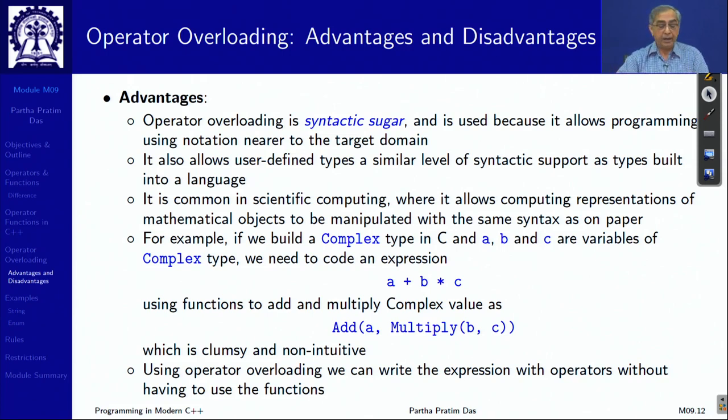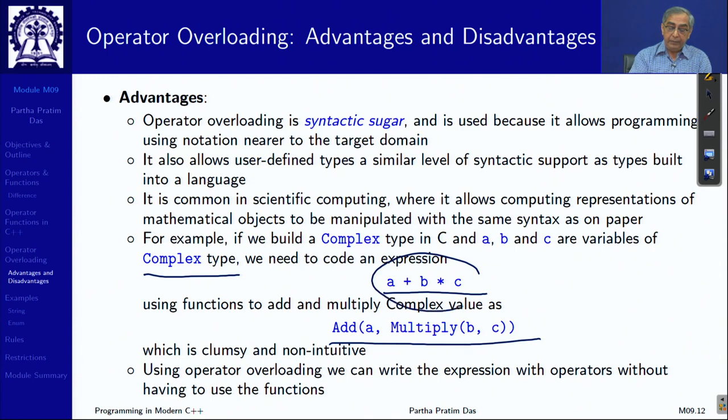If you are dealing with complex numbers and you have created a complex type and you want to write an expression, in C you will always have to write it something like this: multiply B C and then add A, multiply B C and so on.